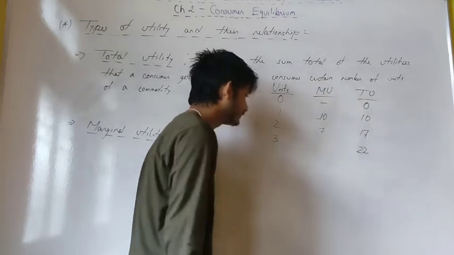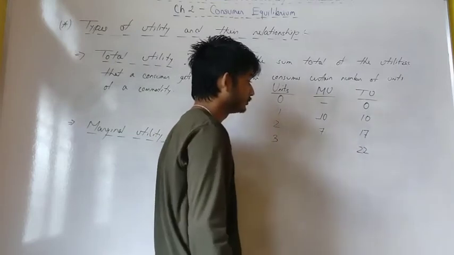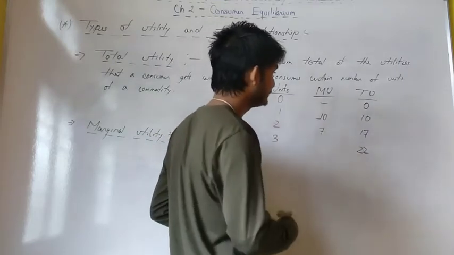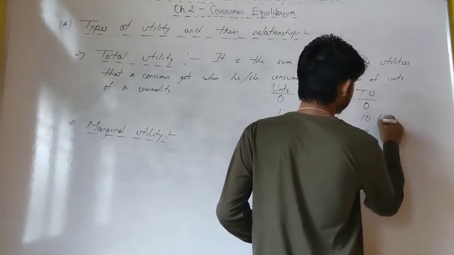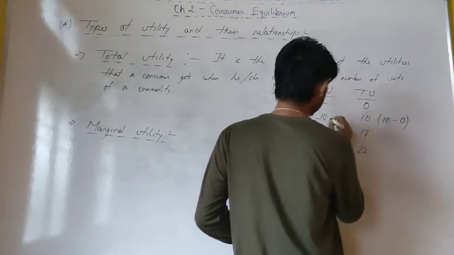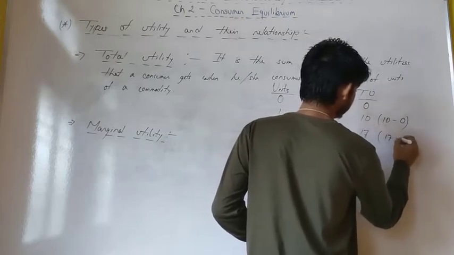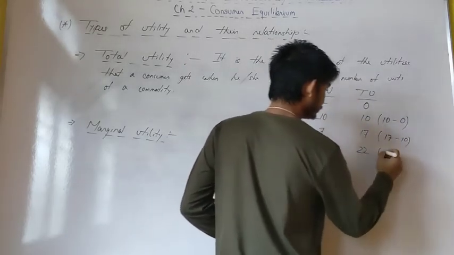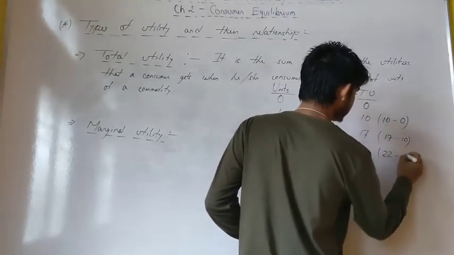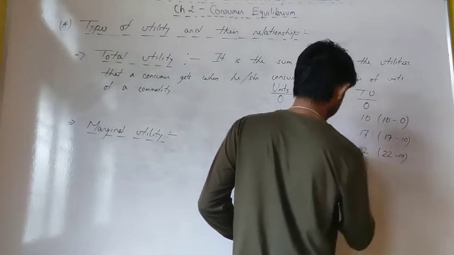To get the third one, we will deduct 17 from 22. So this figure is 10 minus 0, this one is 17 minus 10, and the last one is 22 minus 17.